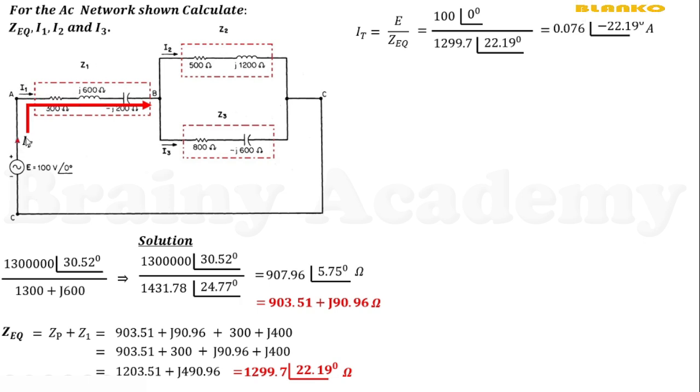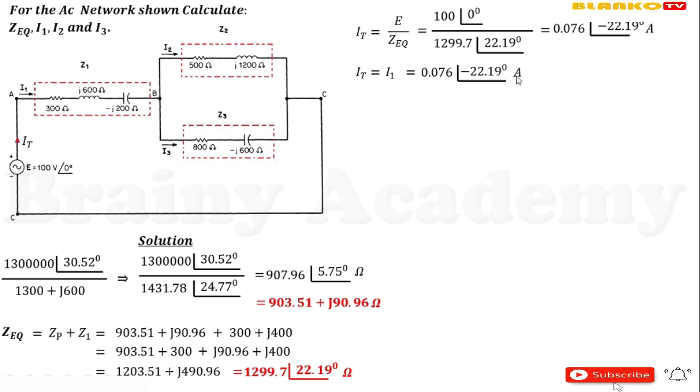So IT is equal to I1, which is equal to 0.076 angle negative 22.19 degrees amps. I hope you understand. All right, so let's now move on to solve for I2 and then I3.